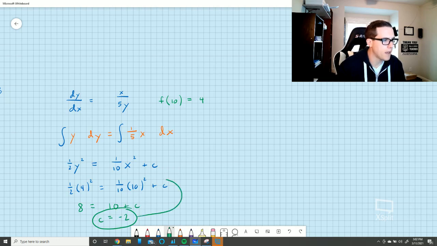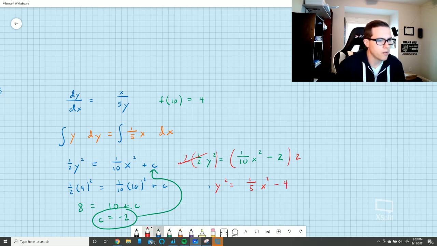Plug that back in here. And we end up with 1/2 y squared equals 1/10 x squared minus 2. Cool, so close. We just need to get y by itself. Well, to get rid of 1/2, we can multiply both sides by 2. We would have y squared equals 1/5 or 2/10 x squared minus 4.